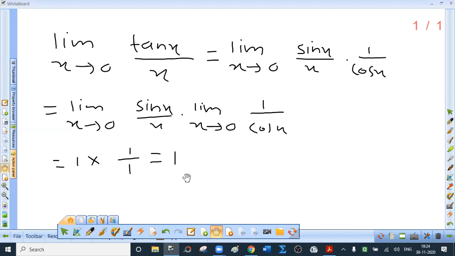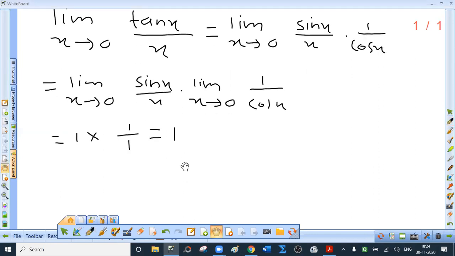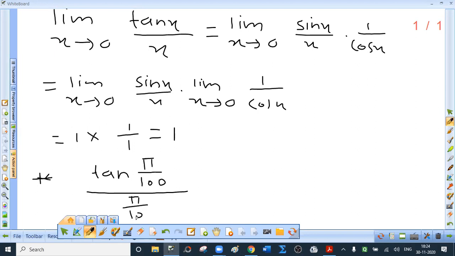Actually, you can verify this by considering a very small angle. Tell me, what is tan pi by 100? I think it is the same as sin pi by 100. Tell me the numerator, I'll tell you the denominator. Denominator is 0.0314. I think the numerator is also the same, 0.0314.